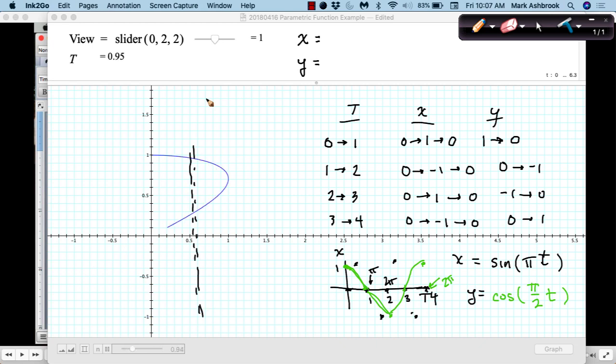Yeah, Nick. Right. So, if you're doing the vertical line test, what's the independent variable that you're asking about? Right now, we should be asking about time. No, if you're doing the vertical line test, what independent variable are you considering? X. For a given x, there can only be one y.